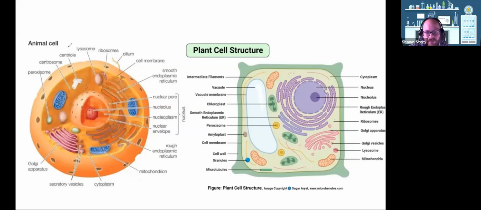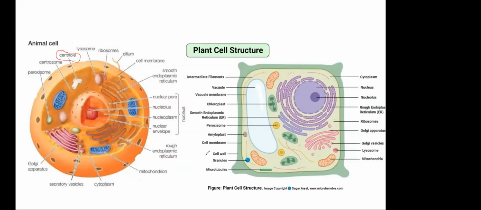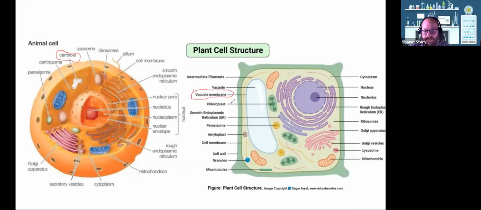Okay, here, the centriole. Yep, we do not see that here on the plant side of it at all. Very good. Anything else? The plant cell has a vacuole and an animal cell doesn't, and that's probably due to photosynthesis and it needing water. Yeah, the vacuole there.